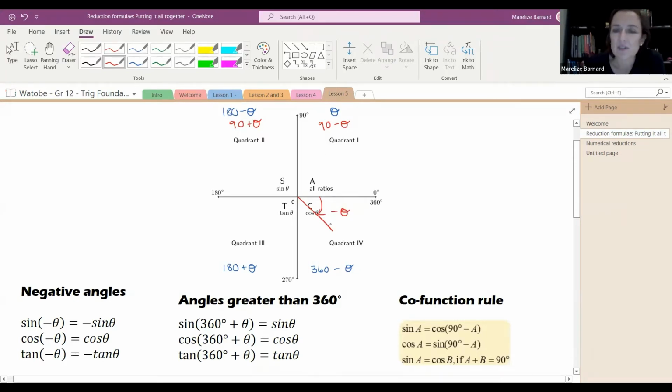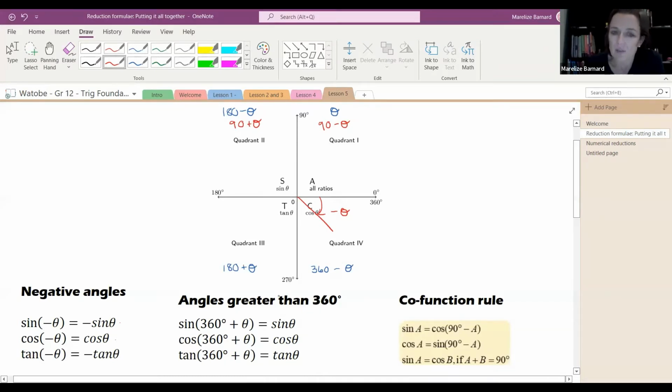It is actually in the fourth quadrant. So sine of a negative angle is negative, cos of a negative angle is positive because cos is positive in the fourth quadrant, and tan of a negative angle is negative.